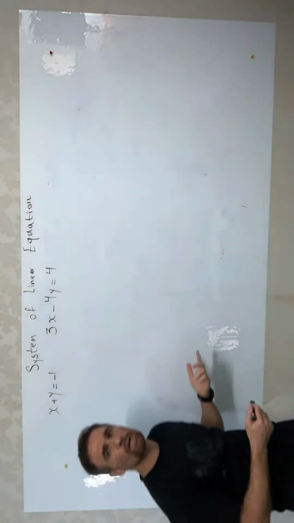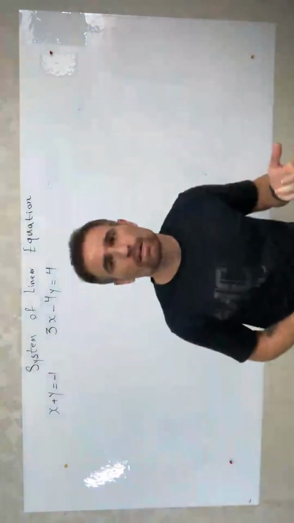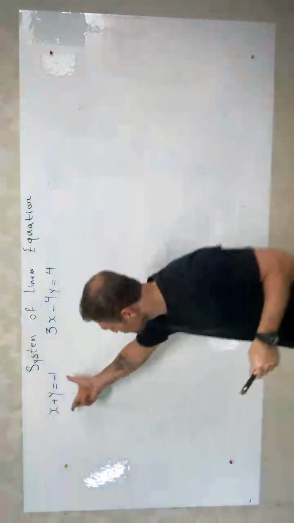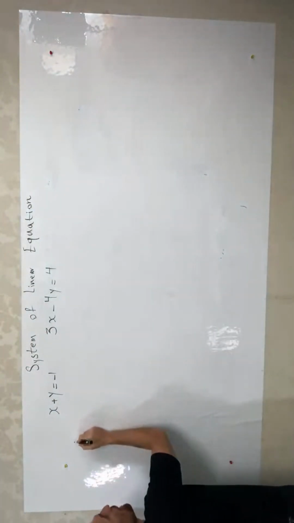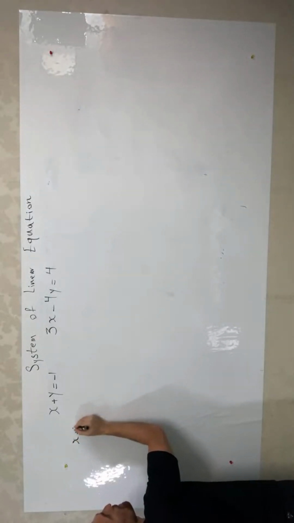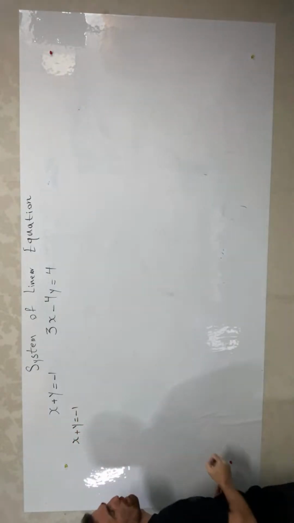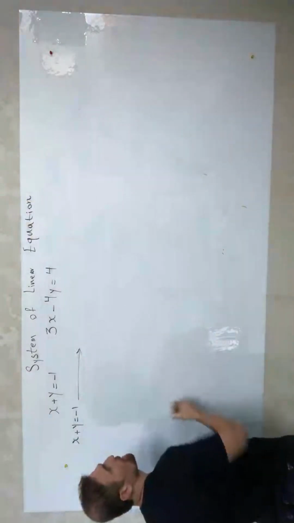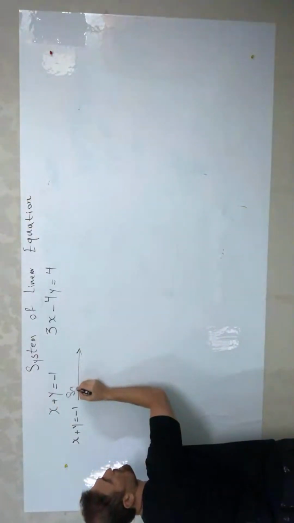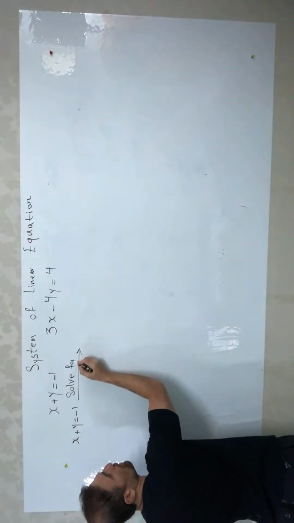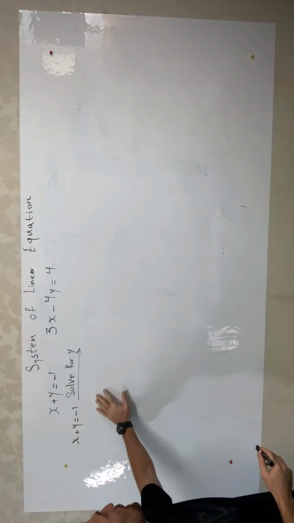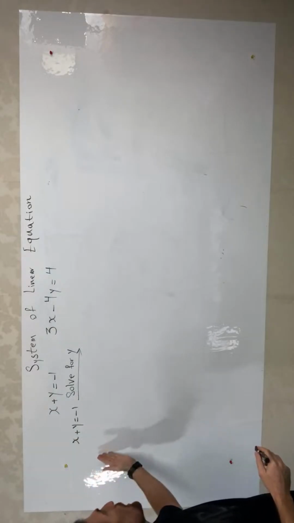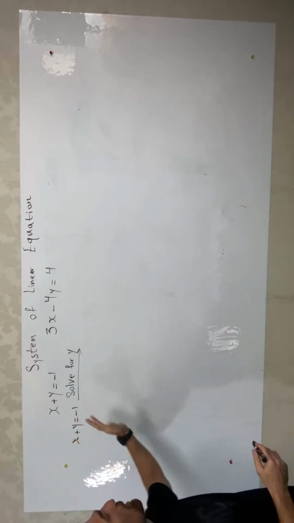But what should we do as the first step? As the first step, we need to solve for y. I'm going to choose this one, x plus y equals negative 1. What does it mean to solve for y? It means we need to isolate y, keeping y on one side and x and the constant on the other side.